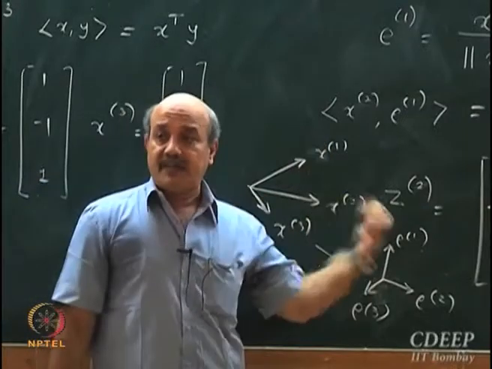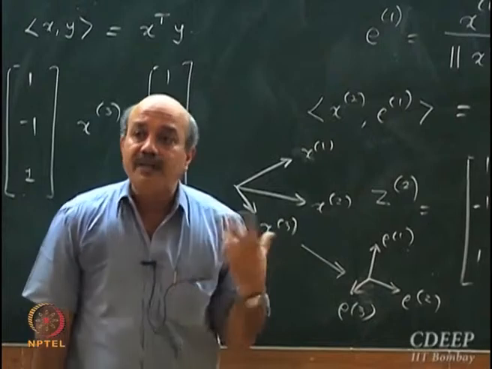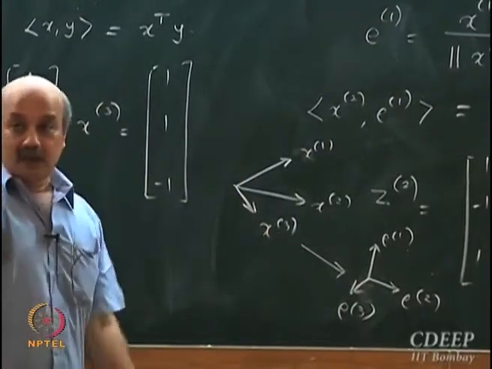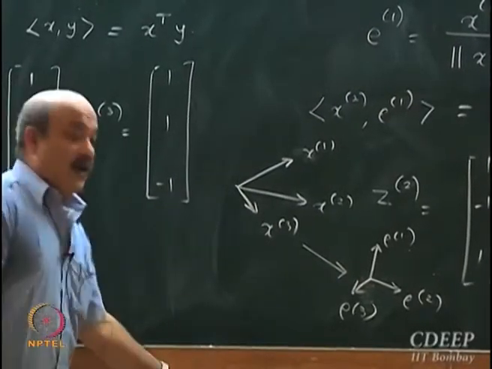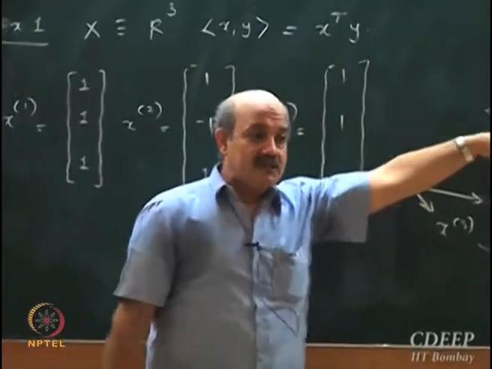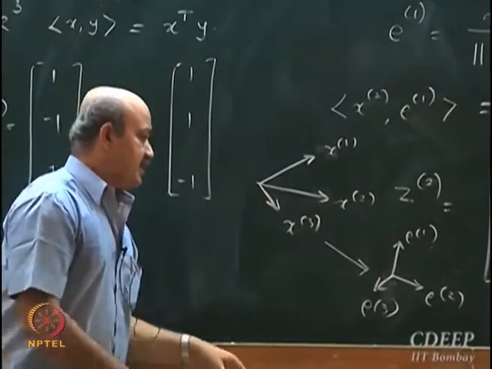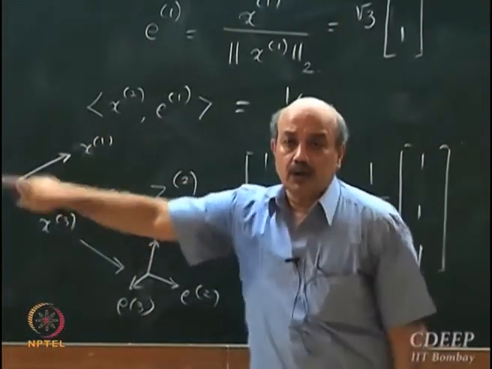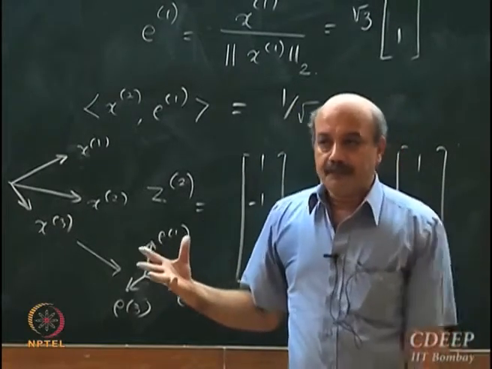Now the specific vectors that you get here will depend upon how you define the inner product. If I change my definition of the inner product, the subsequent calculations will change. The directions may not change in R3, but magnitude calculations can change, and I want to emphasize this one small thing. Is this clear? We started with a non-orthogonal set and came up with 3 directions orthogonal to each other.